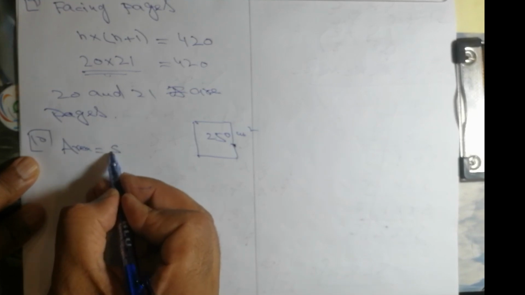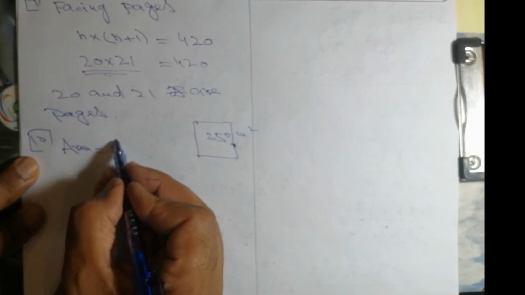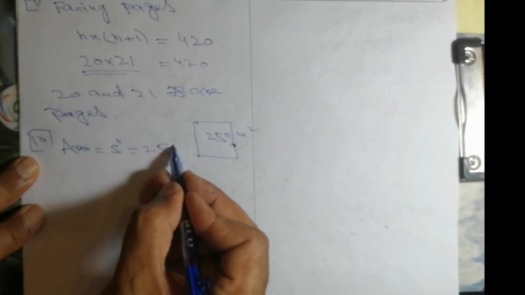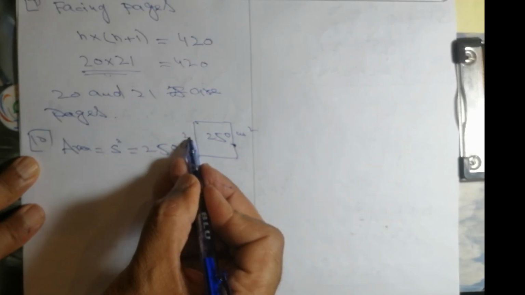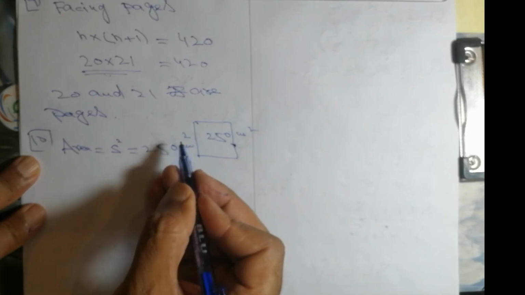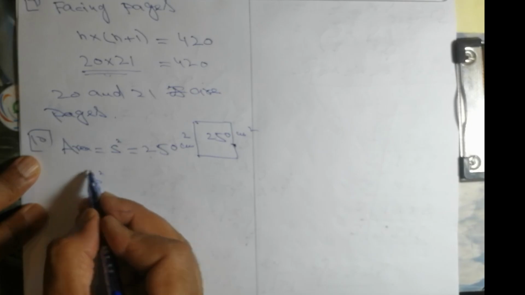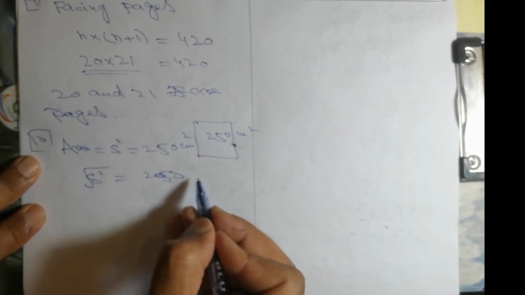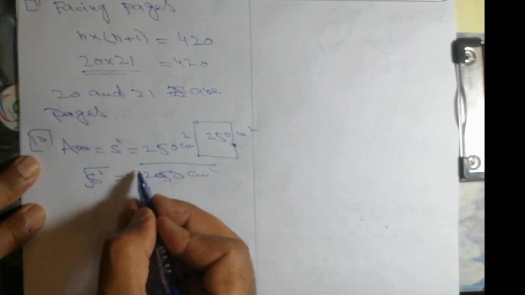The area of a square is side multiplied by side, or s square, which is equal to 250 centimeters square. And if we take the square root of both sides, s equals the square root of 250 centimeters square.